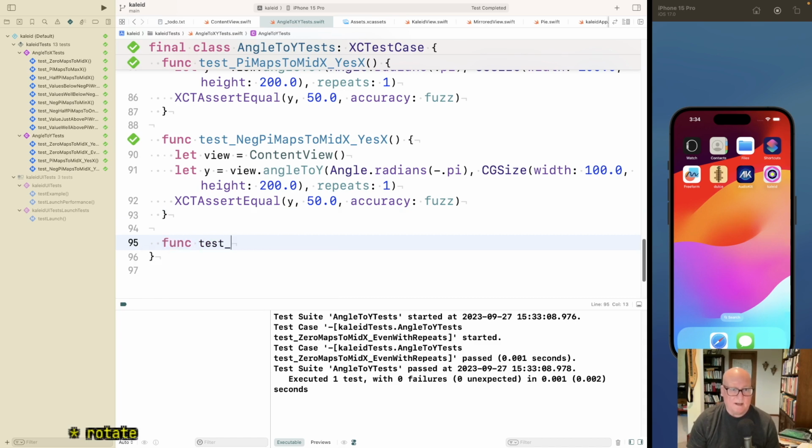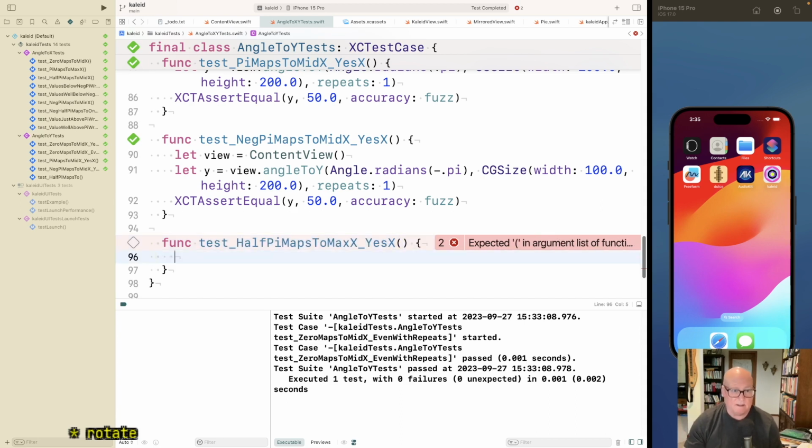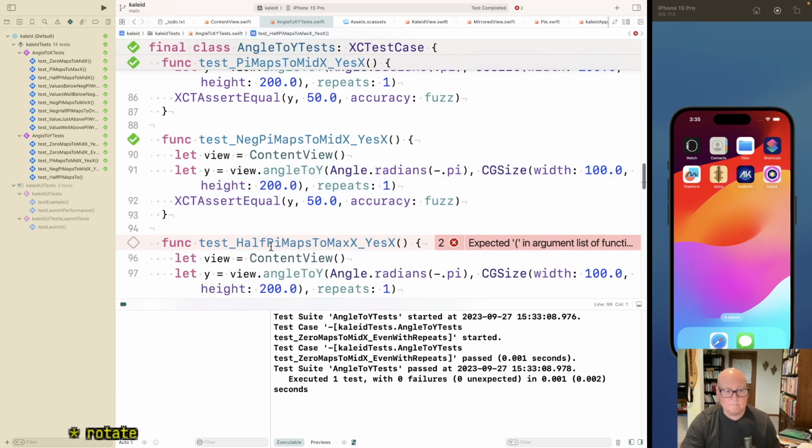Test half pi maps to... Well, so the sine of half pi should be the max. Max x. Yes, x. Okay.